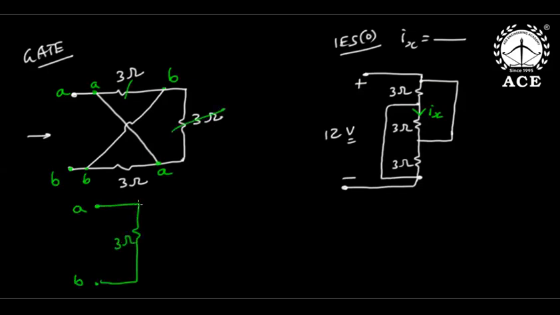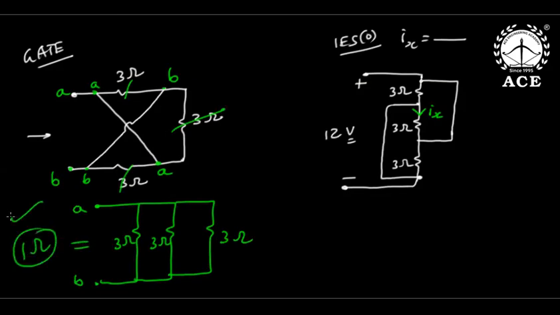Another A to B is also 3, and another A to B is also 3. So 3 in parallel, answer is 1 ohm. All are parallel.